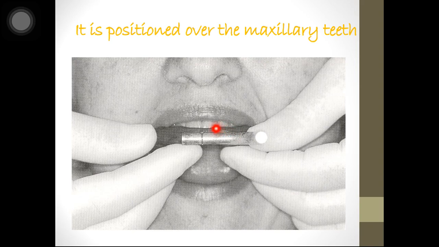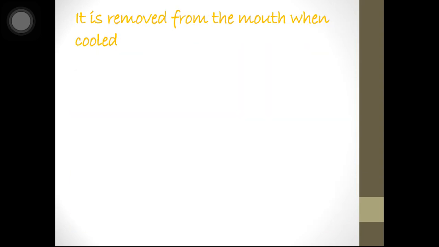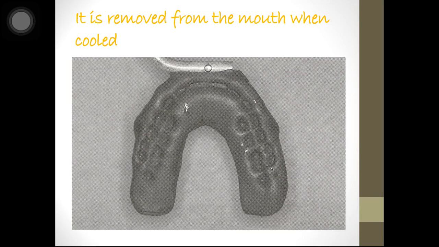Only the cusps and the incisal edges of teeth are recorded, and with the help of these indentations the maxillary position is recorded. Then it is removed from the mouth when the impression plaster is set.